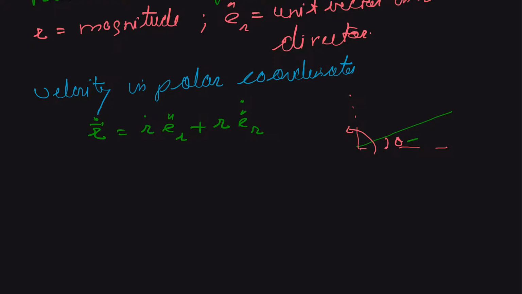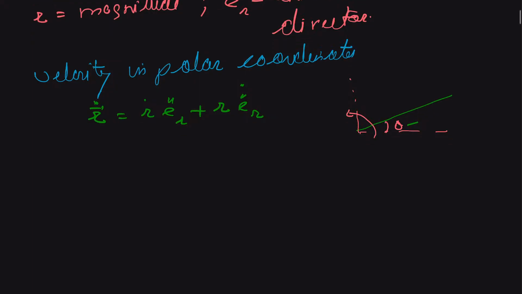Our theta is also going to change and our unit vector representing the radial direction is also going to change. Therefore we can say that the unit vectors e r and e theta are not constant.